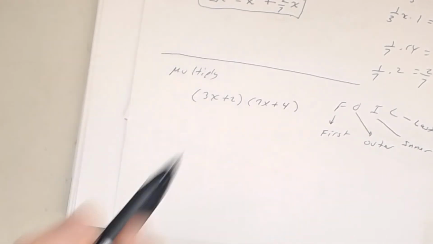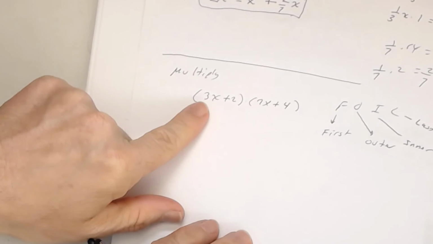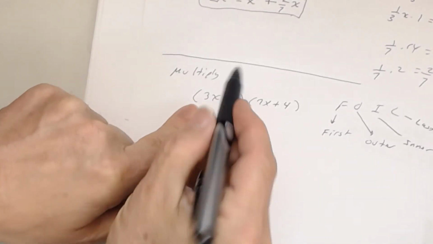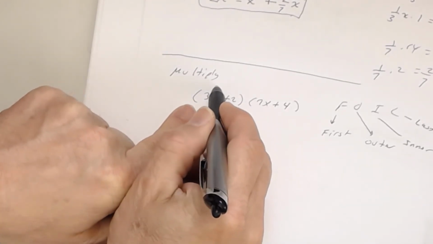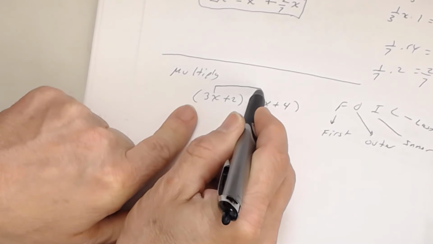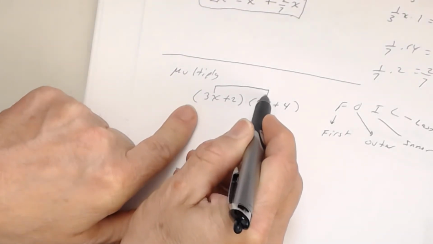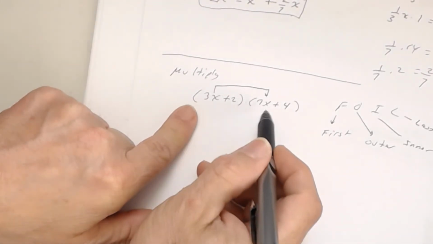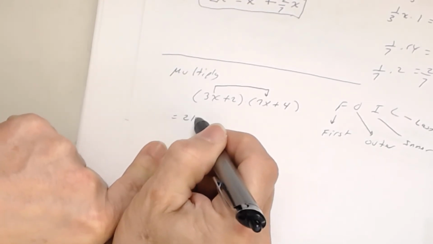I'm multiplying them. So that first means I'm going to take the first term in that first binomial, which is what? 3x, and I'm going to multiply by the first term of that second one, which is what? 7x. So what's 3x times 7x? 21x squared. Okay, so that's my F.